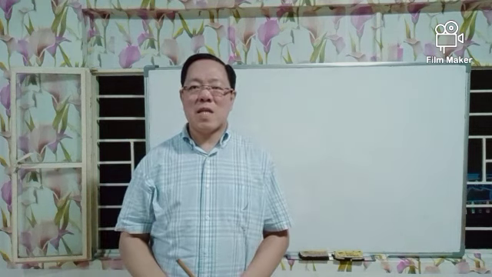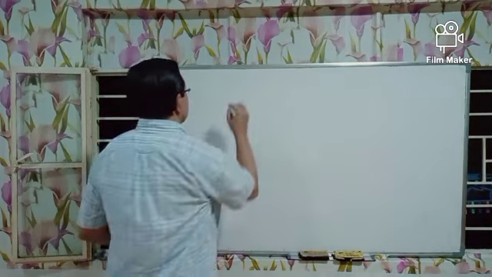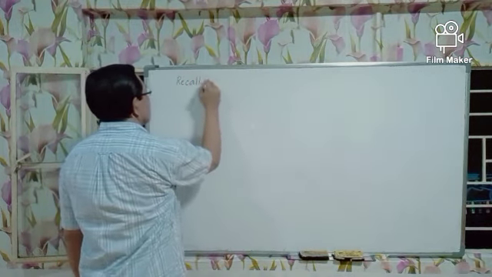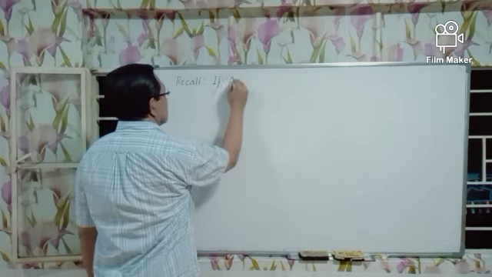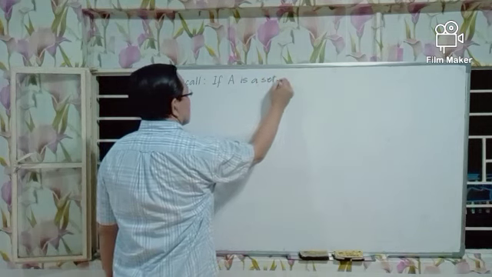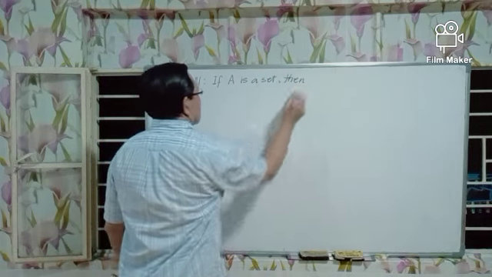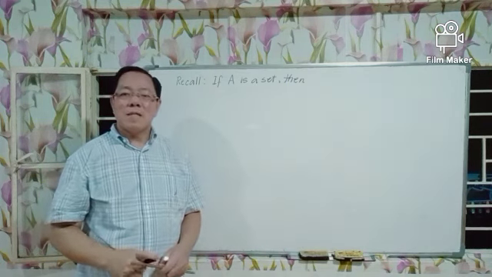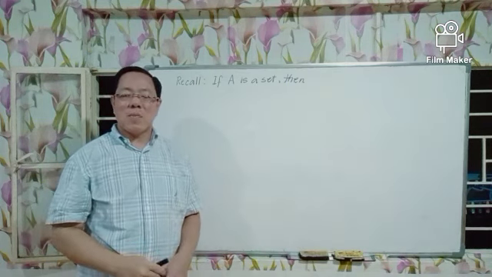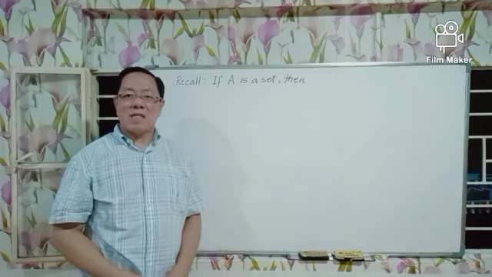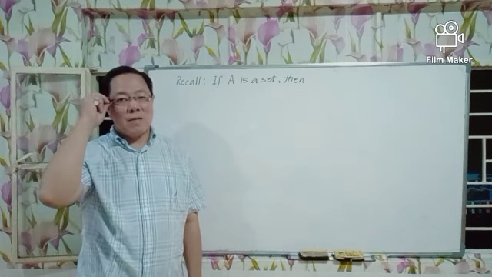In our discussion of sets, if A is a set, then A is a subset of itself, and we call A as a subset of itself an improper subset.